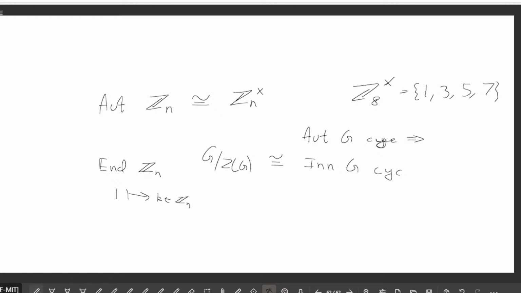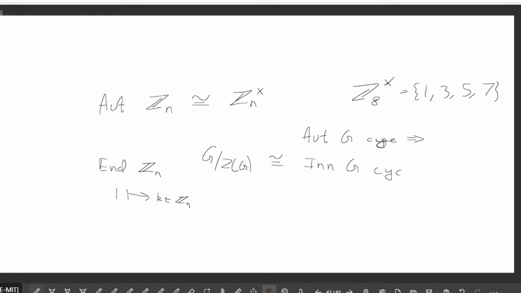Part E. If Aut G is trivial, then G is trivial. Is that true? Carefully. Z2 also has trivial automorphism, because there is only one non-identity element in Z2.